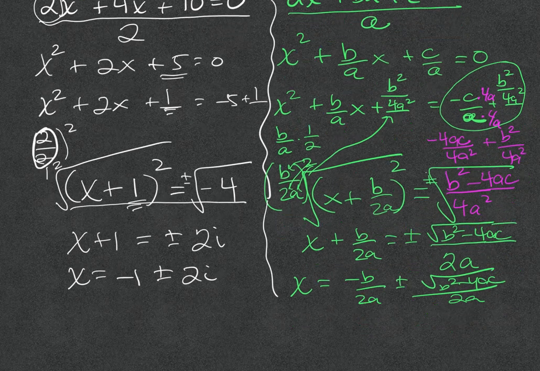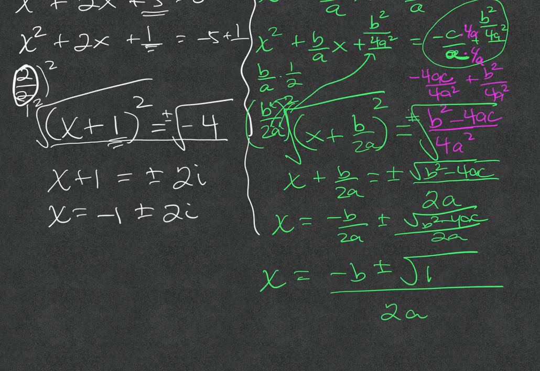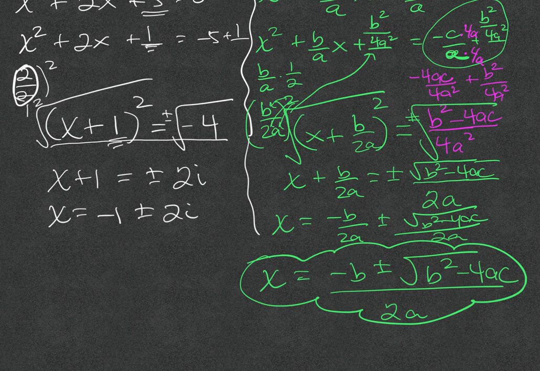Let me move this up a little bit so I have a little more room. And then if each one of these fractions is over 2a, I can write it all over 2a. Ta-da! That's my quadratic formula.